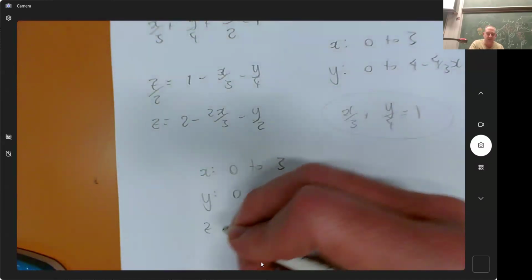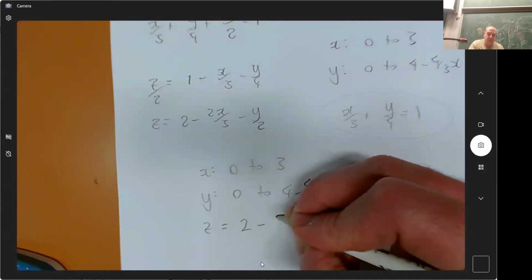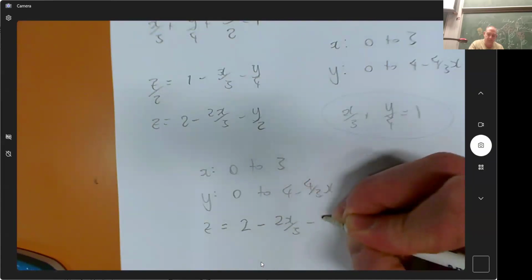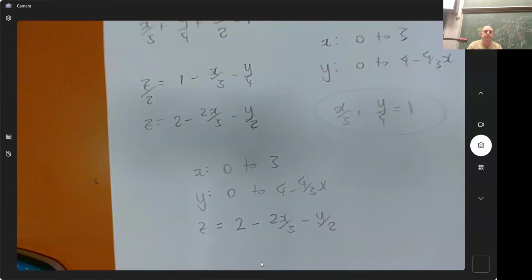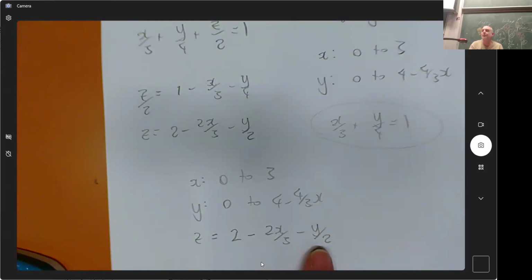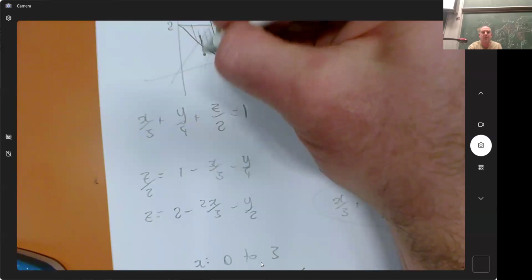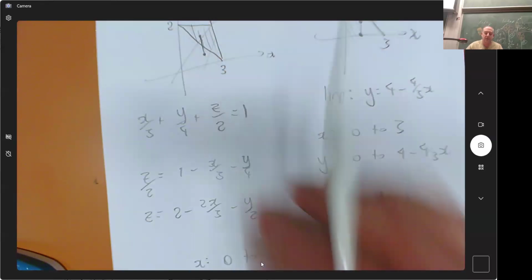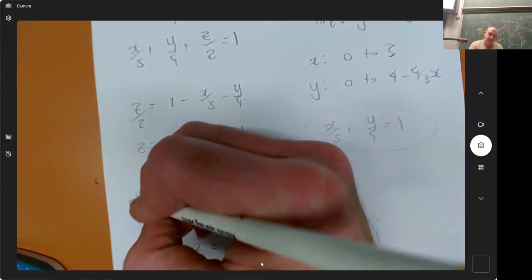And if I want to be actually on the plane, z is just equal to this. That is a perfectly good parameterization of this plane. If I wanted the space below the plane, then I would have gone from 0 to this, and that would have covered this entire line up here. So this is the plane itself.